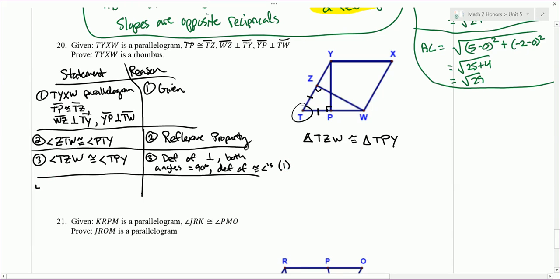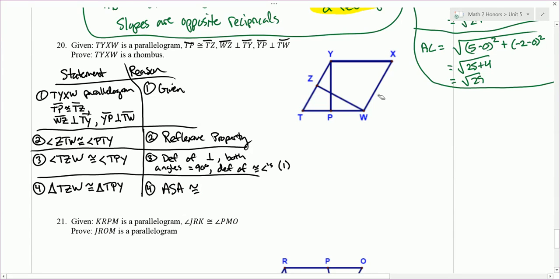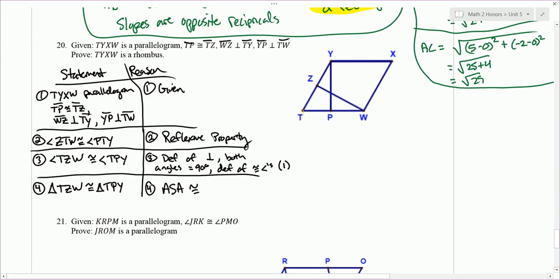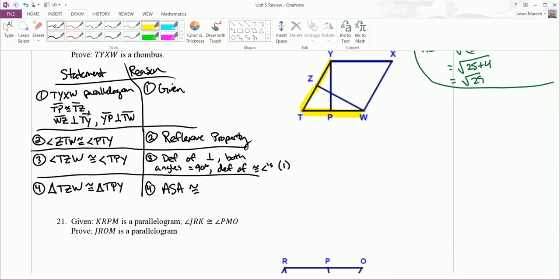So now we have enough information here to prove that the triangles TZW and TPY are congruent by angle-side-angle congruence. So that first part we accomplished. So now that we've established that the two triangles are congruent, we can say that these two sides that I'm highlighting, TY and TW, are congruent because those are sides of those triangles.